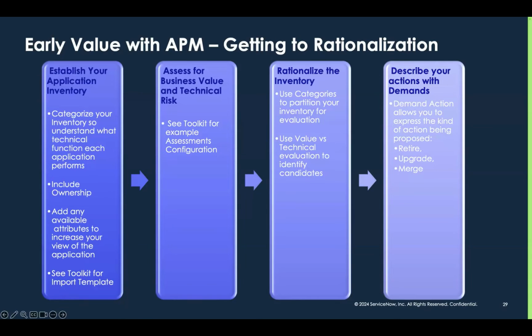Assessing it. Start your assessments. Part of improving anything is measuring it. So we've got some toolkit examples for you, and we're actually going to show you today how to configure assessments, run them, and generate scoring. Rationalization. We're going to show you how to use the EA Workspace to rationalize. And then take action. In APM, taking action means create a demand.